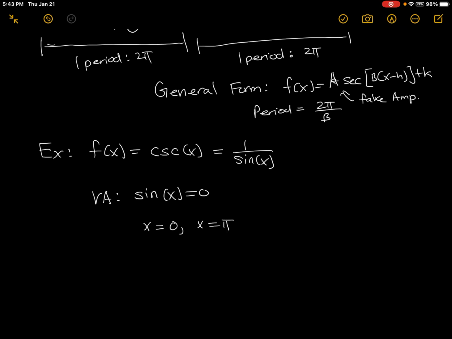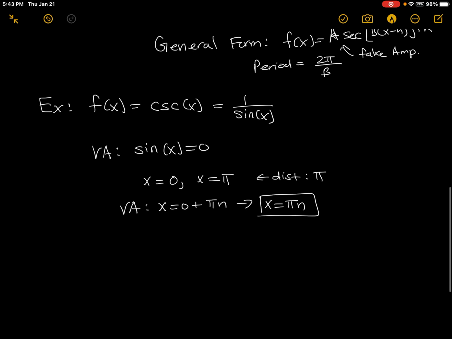So these are, again, my first two VAs. The distance between these two, of course, is just pi. And if I were to state all the vertical asymptotes, I would state x is equal to 0 plus that distance, plus pi n. And then you can simplify it: x is equal to pi n. So that would be all your VAs.